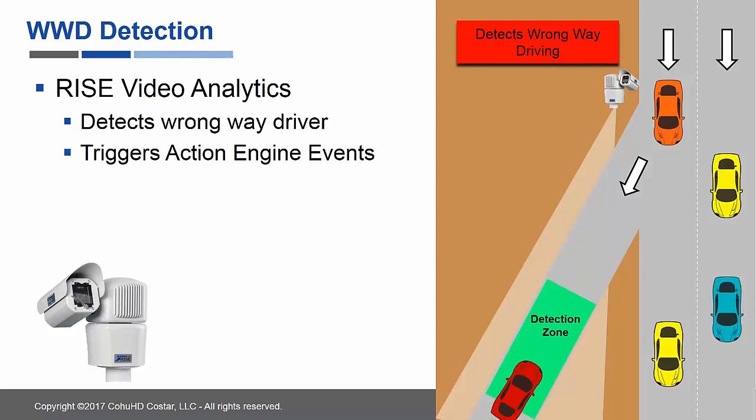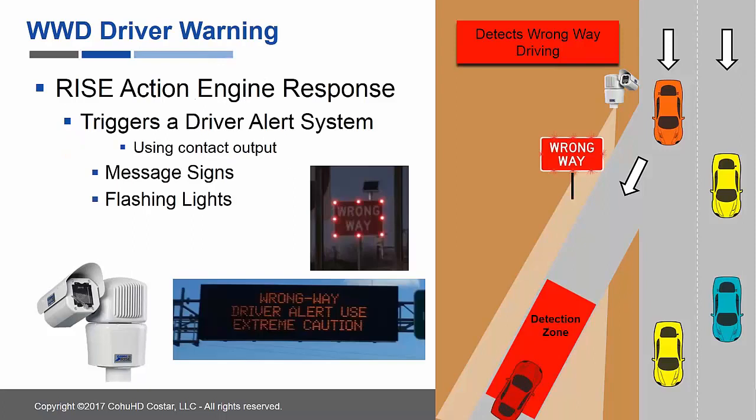The camera would be monitoring, say, an off-ramp, and we set the analytics up such that there's a detection zone on the off-ramp, and we will create an action engine trigger if there is a driver going the wrong direction. The detection zone will have a direction of flow, and if the car goes through the wrong way, that will create the trigger of the action engine.